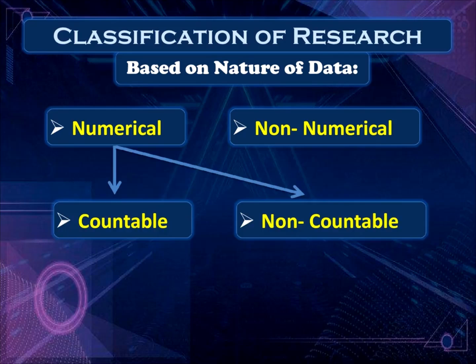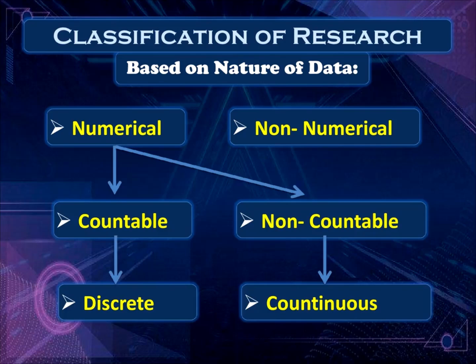Now, why it is important for us to understand this is because that is what our topic today is: classification based on nature of data. If you don't understand the classification of data itself, then there is no point in talking about classification of research based on data.